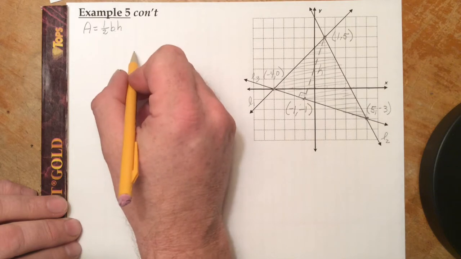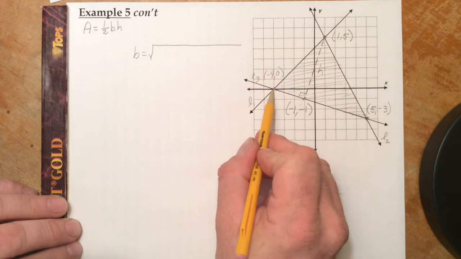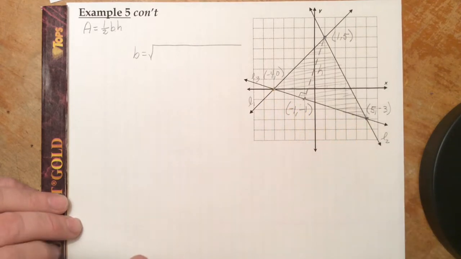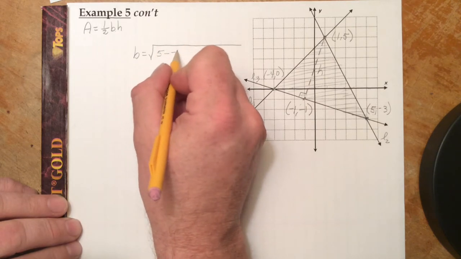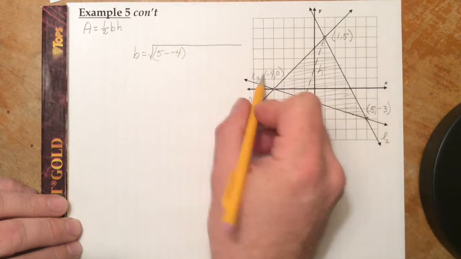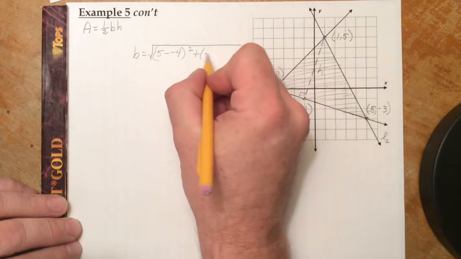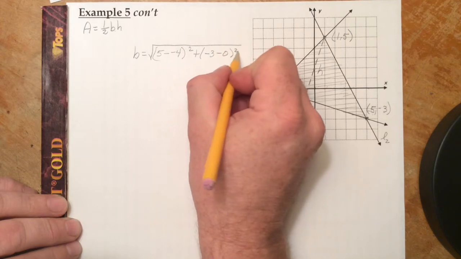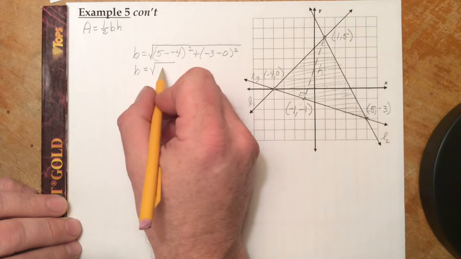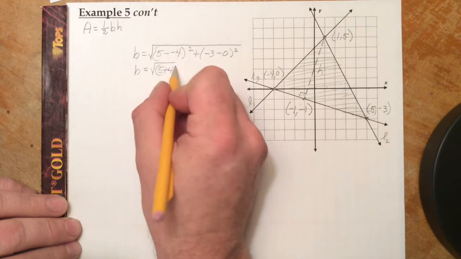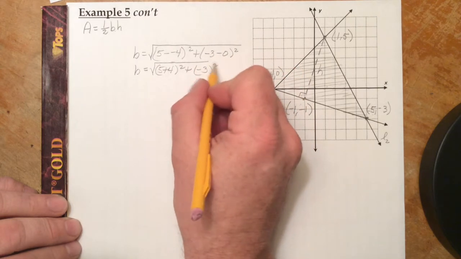So starting with the base, we have the square root of. Remember, we're going to use these two ordered pairs for the base. Starting with x2, we have 5 minus -4 quantity squared plus, and then back over here, -3 minus 0 squared. So the base is the square root of 5 minus -4 is 5 plus 4 squared plus -3 minus 0 is -3 squared.